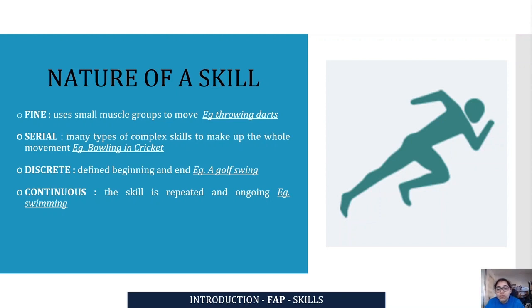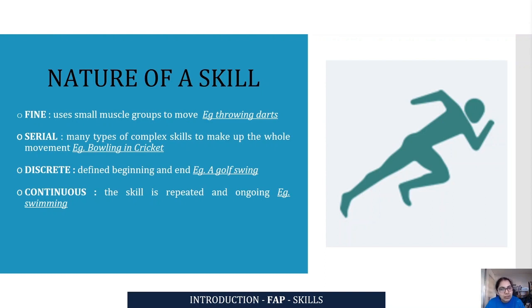Serial refers to when there are many types of complex skills that make up the whole movement. So for example, bowling in cricket: the run up, the arm movement, the letting go of the ball, the wrist movement as well. So all of that, it's a complex skill. It can be broken down into different parts. Discrete is when a move has a defined beginning and an end, like a golf swing.